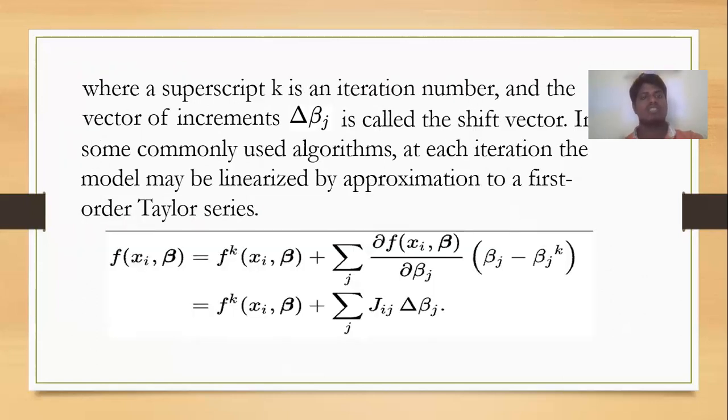Where the superscript k is an iteration number and the vector of the increments delta beta_j is called the shift vector. In some commonly used algorithms, at each iteration the model may be linearized by approximation to a first order Taylor series.